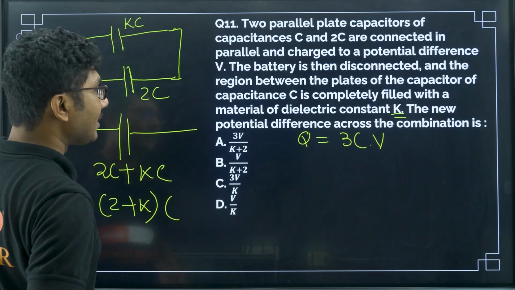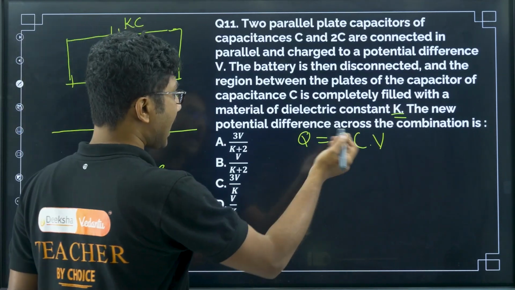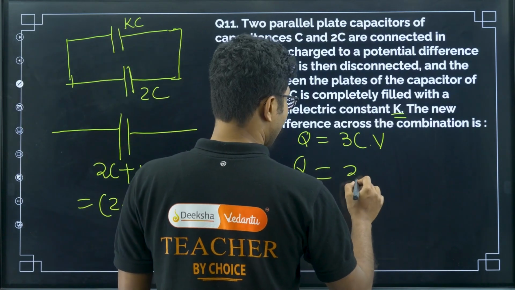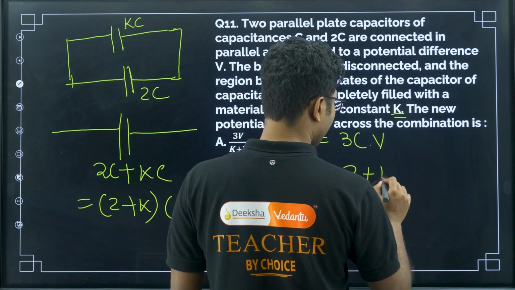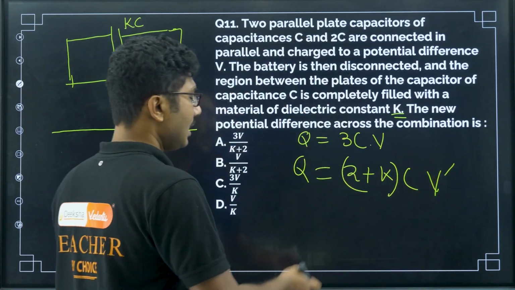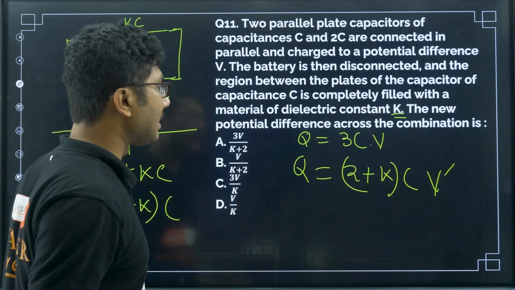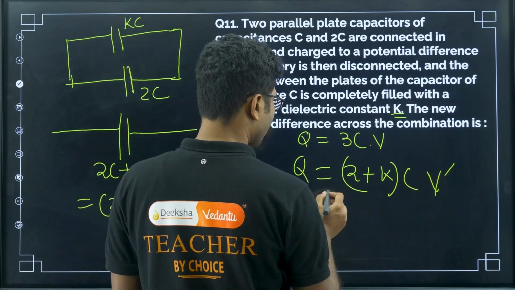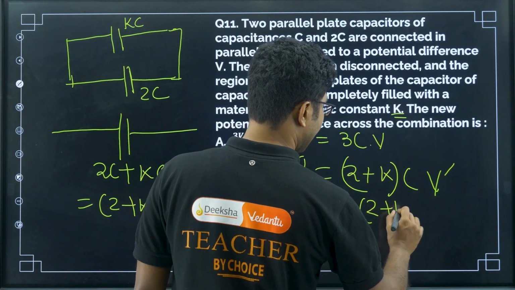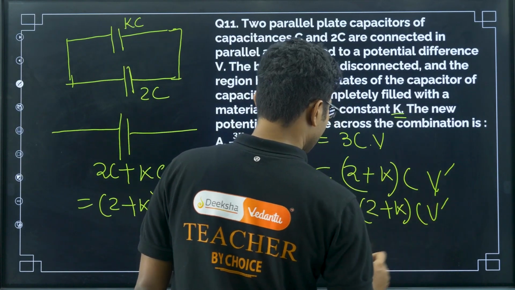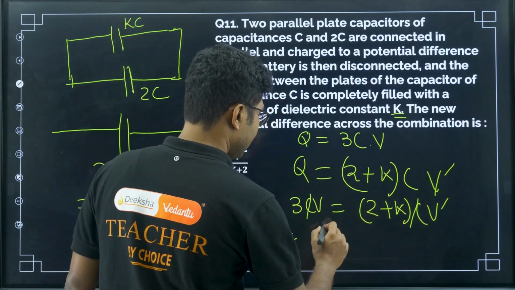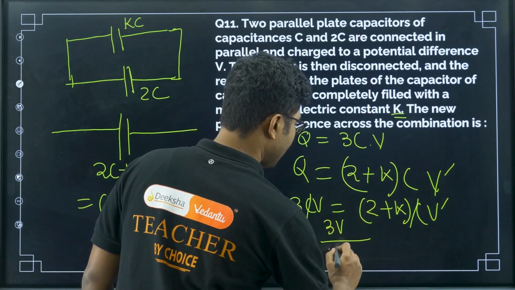Now the charge will remain the same. Now new potential is V dash. Very simple problem, not a difficult one. So 3CV is equal to (2 plus K)C times V dash. So V dash will be, C cancels, 3V divided by 2 plus K.